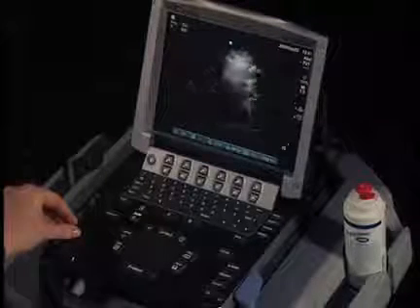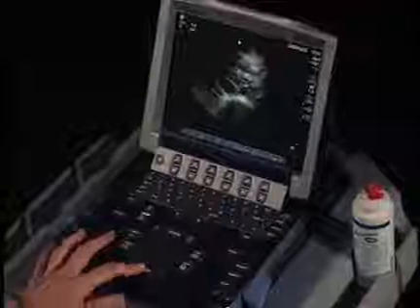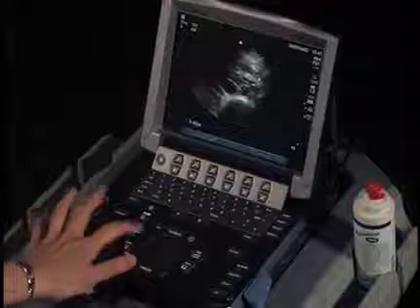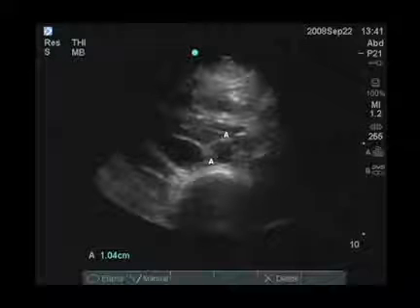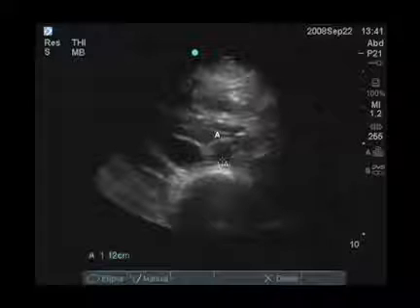Optimizing the image so I can see the wall of the aorta clearly. I will freeze the image, perform my measurements, the same 2 views again, from outside wall to the outside wall.